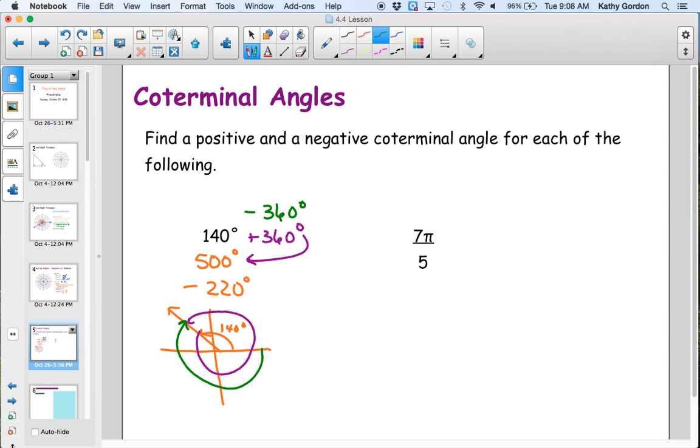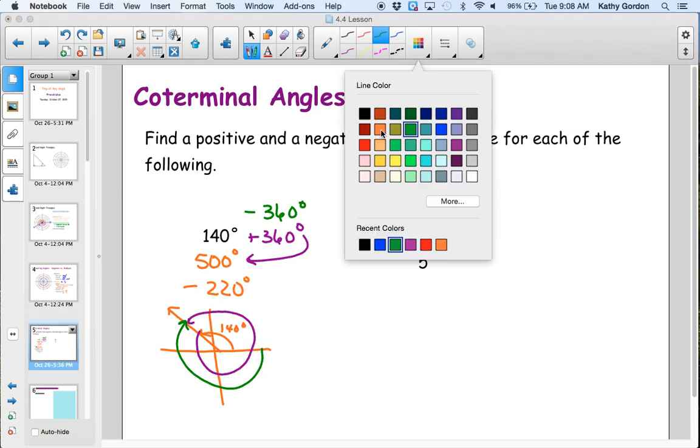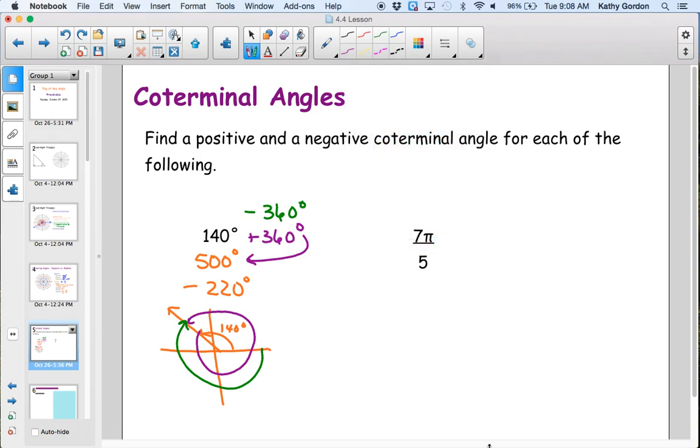Cindy, first of all, tell me where that is. Okay, I just want you to tell me though, which quadrant do you think 7 pi over 5 would be in? Let's start with that. Third quadrant, yep.